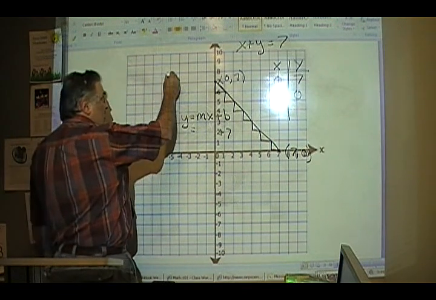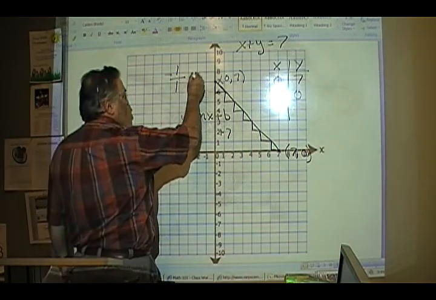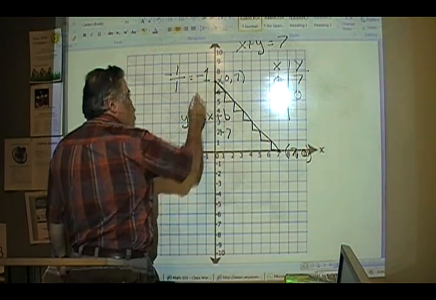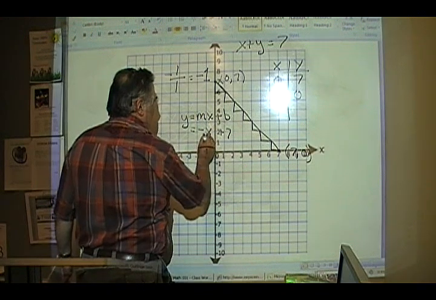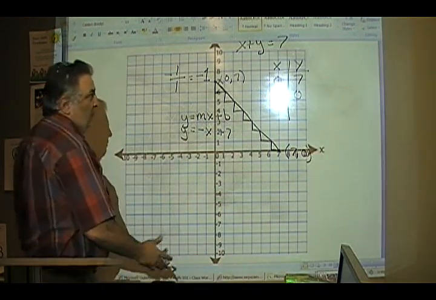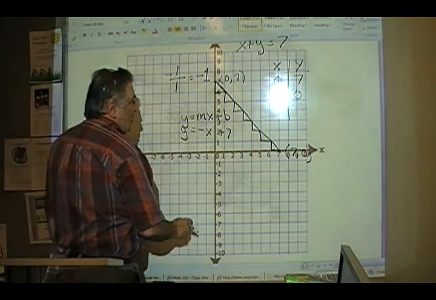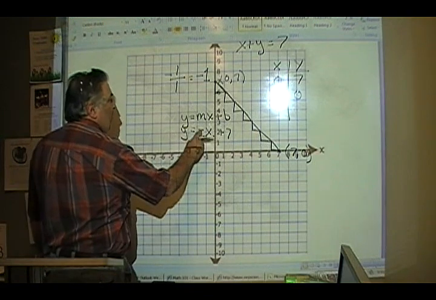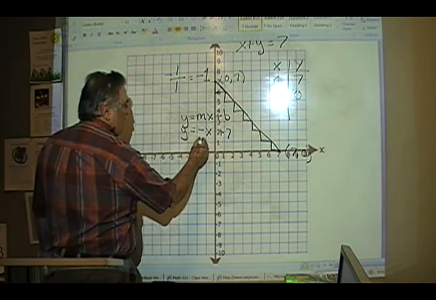So the rise is -1, the run is 1. -1 divided by 1 would be -1. So our slope is going to be -1x, or -x. -x plus 7. So y equals -x plus 7. Now, you see the form that the answers are written in. If I move this negative x to the other side of the equation, what's the opposite of negative x?